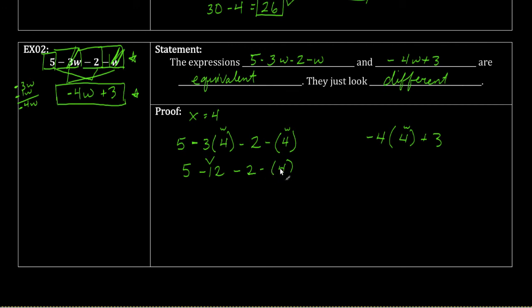You're just subtracting 4, so it's minus 4, or you can think minus 1 times 4, negative 1 times 4 is minus 4. So 5 minus 12 minus 2 minus 4. Alright, so 5 minus 12 is negative 7. Negative 7 minus 2 is negative 9. And negative 9 minus 4 is negative 13.